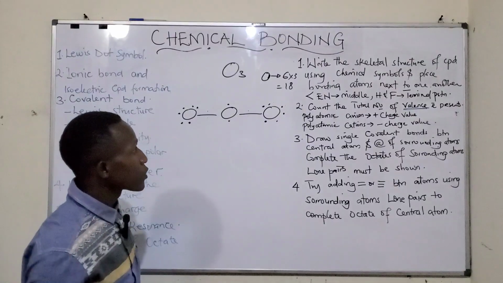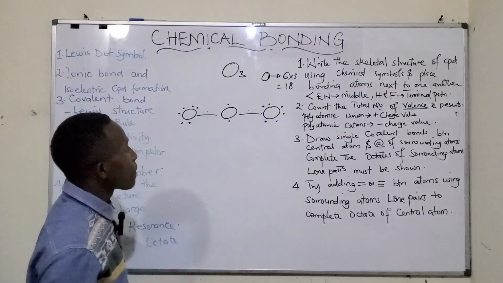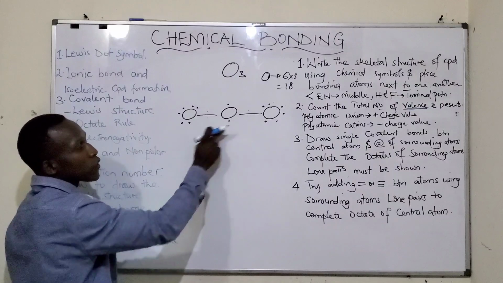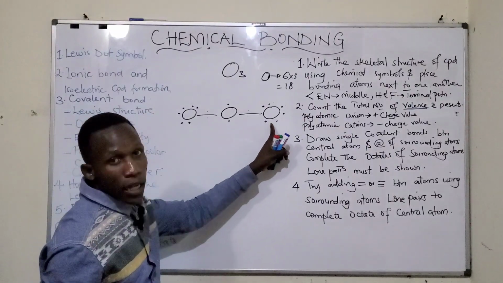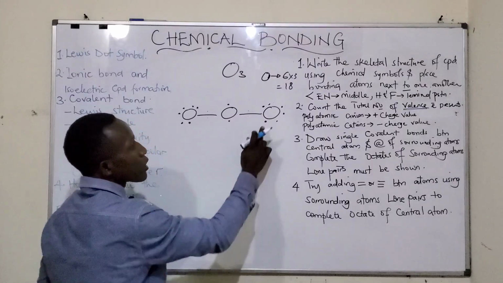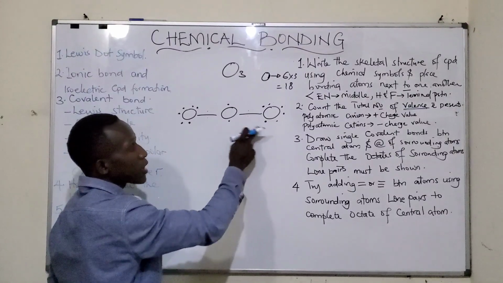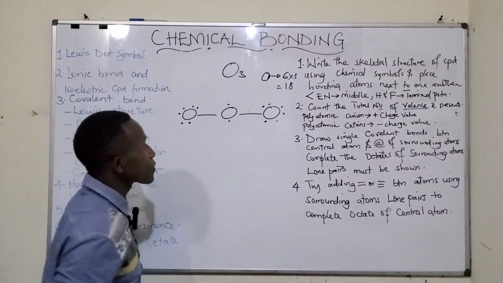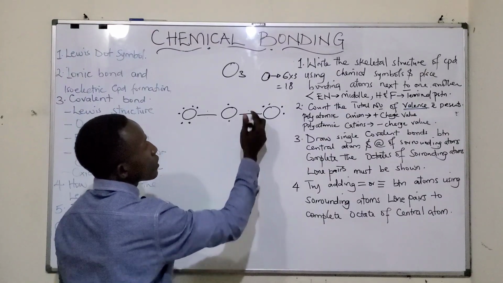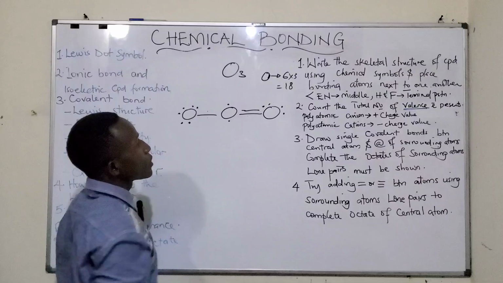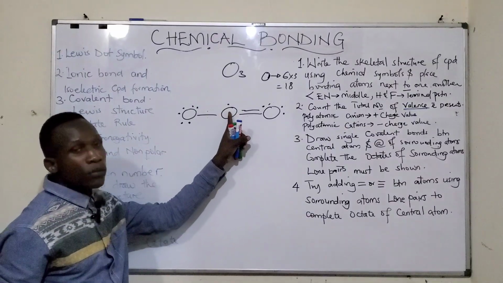Next step, we look at the octet of the central atom. If it's not fulfilled, we get electrons using the lone pairs of electrons from the surrounding atom to form the bonds. We can use one of the oxygens. So we draw another bond to make the octet of the central atom complete.